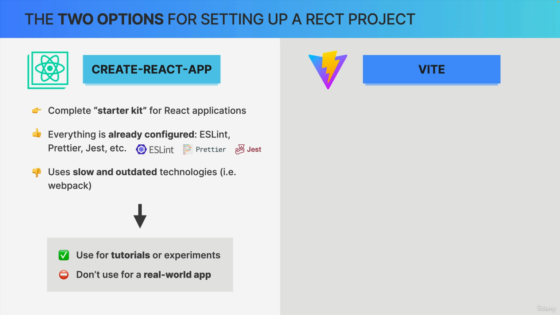It is, however, still a perfectly fine way to get started quickly with a new React app for tutorials, courses, or simple experiments. And so, therefore, we will actually use Create React App for most of the course. So for all the small learning projects that we're going to build together. So you might have read all the articles saying that Create React App is dead and that you should never use it again.